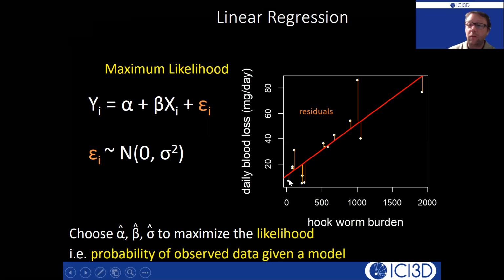And then to get the overall probability of the data, we would just assume that the observations are independent. We can multiply all those probabilities together. And that would represent sort of the overall probability. And the idea behind maximum likelihood is we want to pick the set of parameters that maximizes that likelihood of seeing data like this.